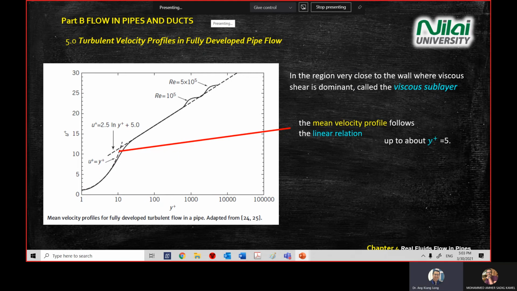In this graph, you have a linear relationship up to Y plus value 5, to here.